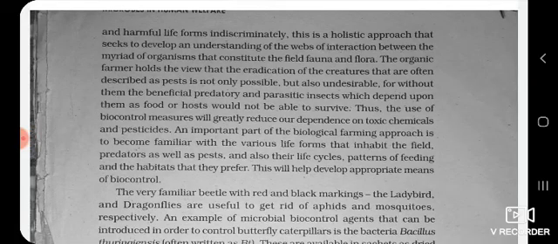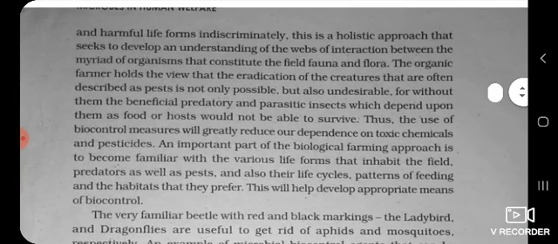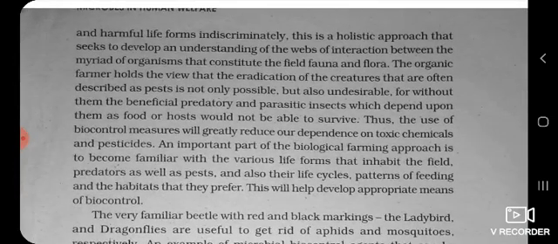So the chemical method kills both the useful and harmful life forms indiscriminately. This is a holistic approach that seeks to develop an understanding of the webs of interaction between the myriad of organisms that constitute the field fauna and flora.